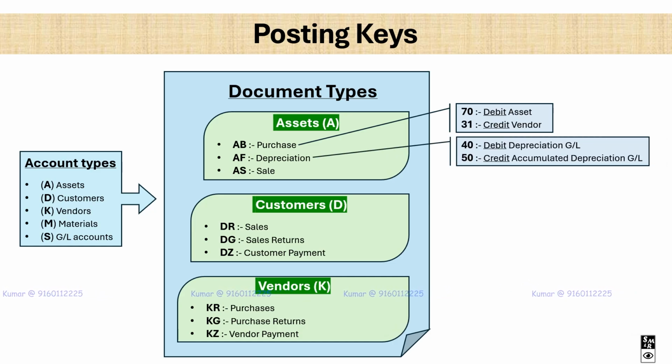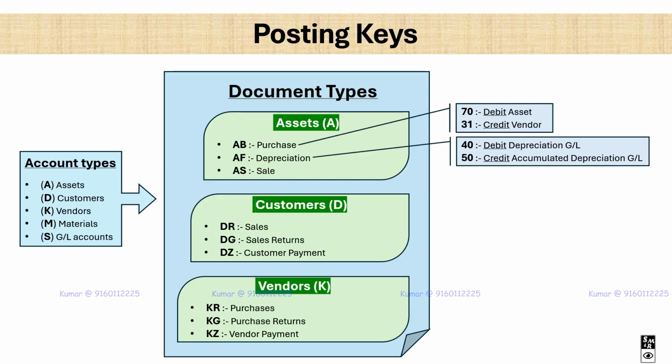And for depreciation, this is the journal entry: depreciation account debit to accumulated depreciation, or we can credit the asset also. But the posting keys will be 40 and 50. Posting key will be different. Debit and credit is the same, you see. In the first transaction we have debited asset and credited vendor.